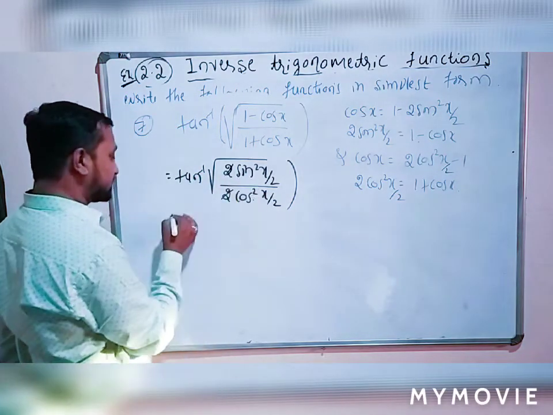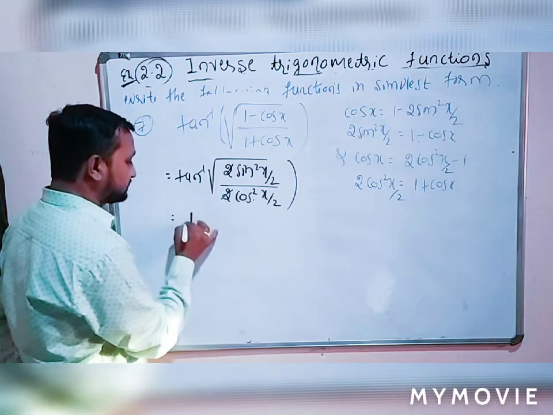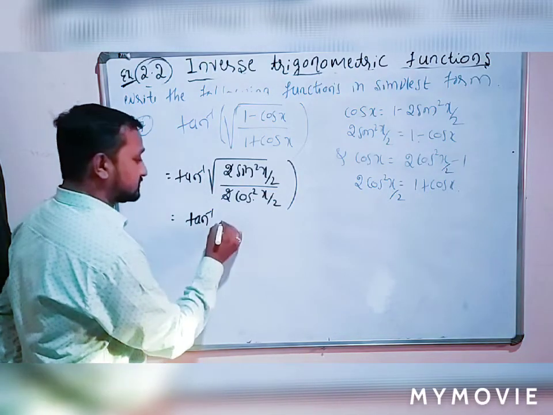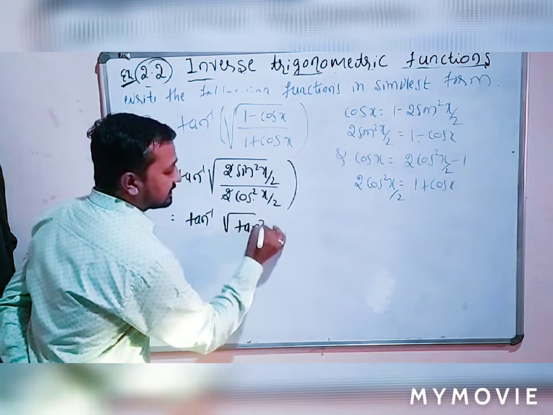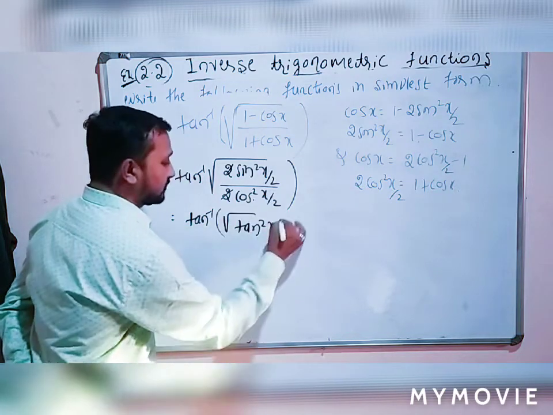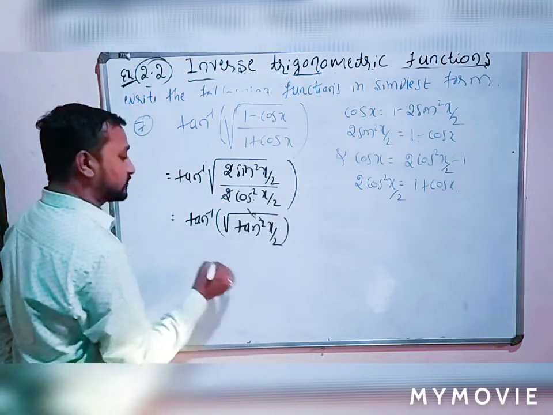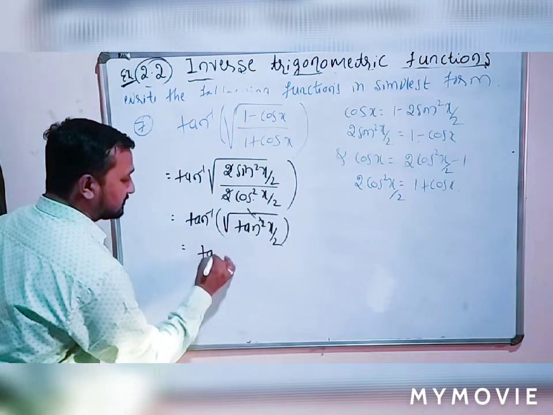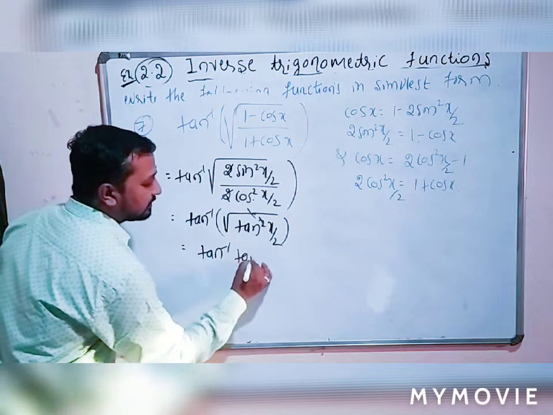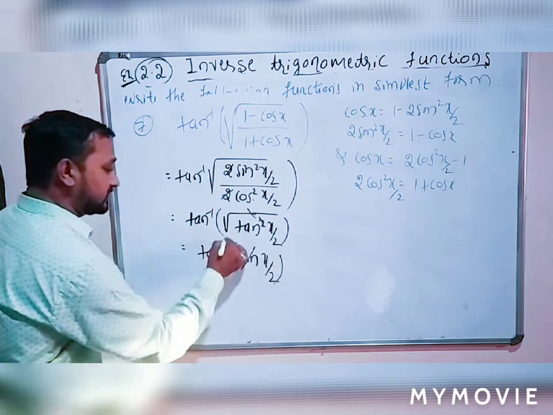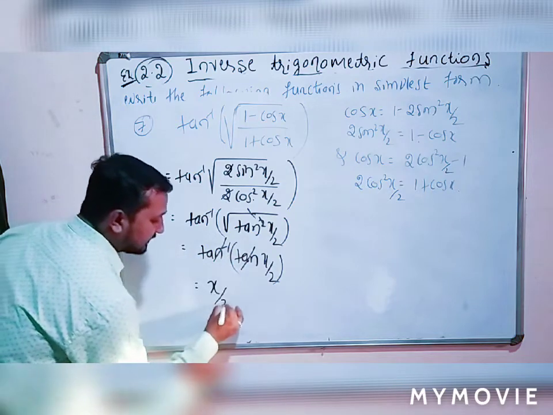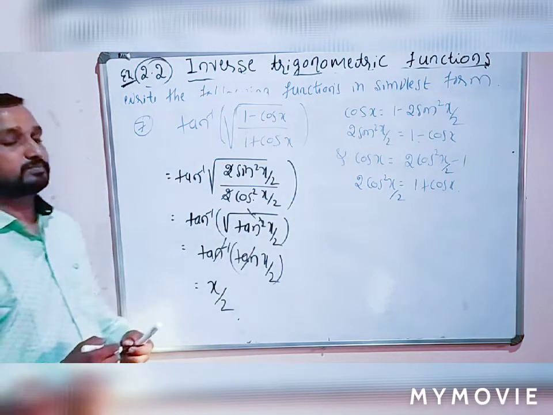Then sin square x by 2 by cos square x by 2 is tan square x by 2. So tan inverse of root of tan square x by 2. Here root and square get cancelled. The remaining is tan inverse of tan x by 2. Here tan inverse tan get cancelled. The answer is x divided by 2.